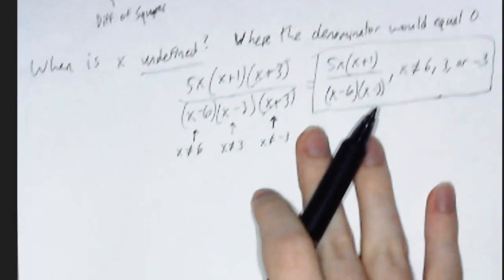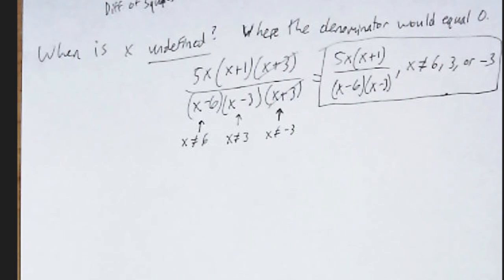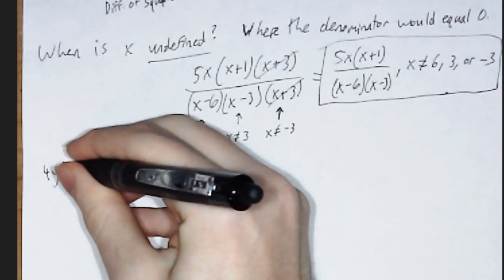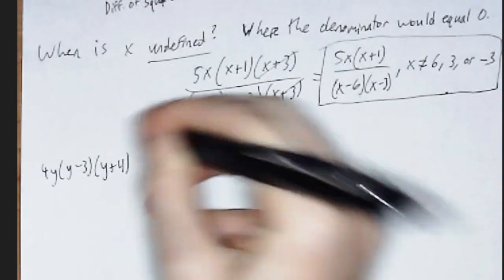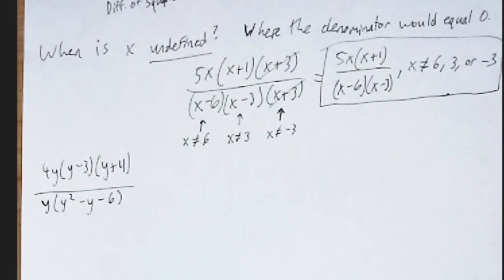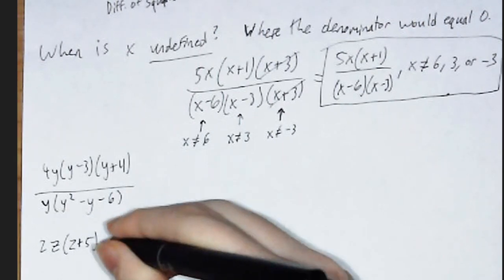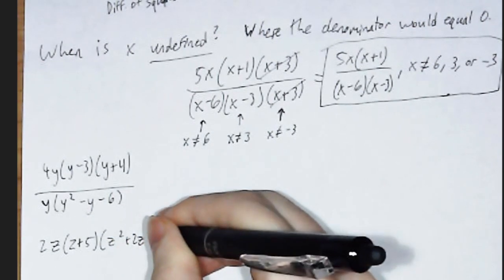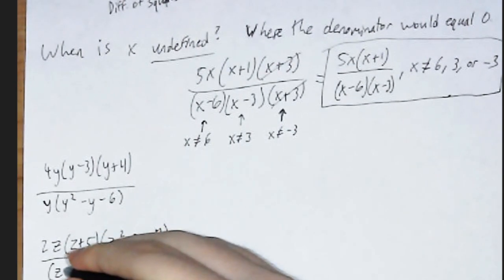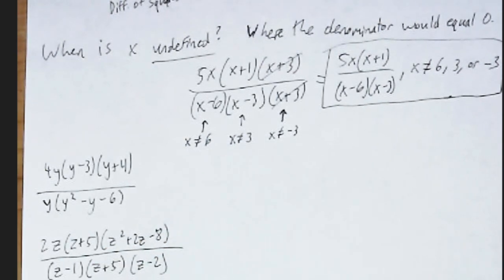All right, so there are now 3 more problems that I would like you to do. And I'm going to be going through them, but after we pause for a moment. So here they are. For y minus 3, y plus 4, over y times y squared minus y minus 6. The second one is 2z, z plus 5, z squared plus 2z minus 8, all over z minus 1, z plus 5, z minus 2.